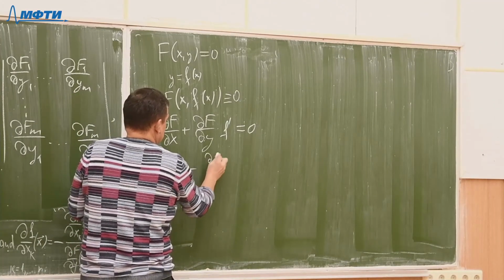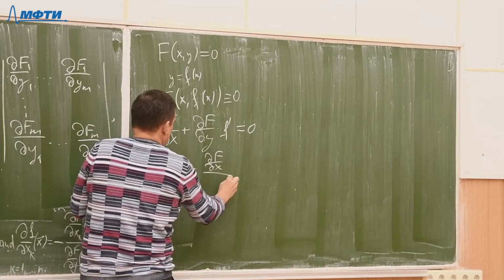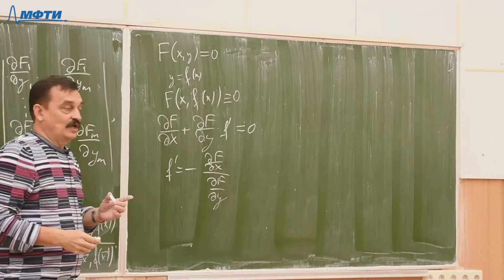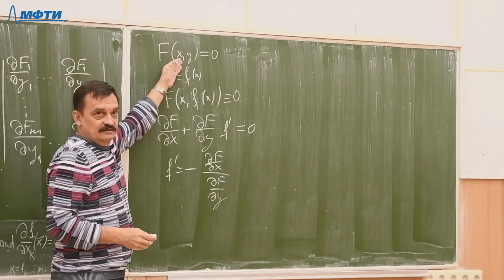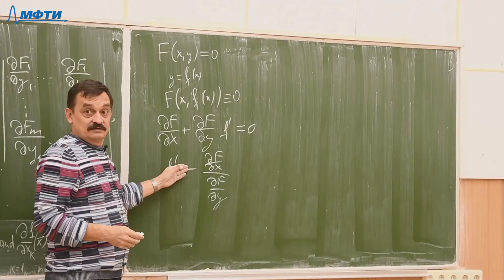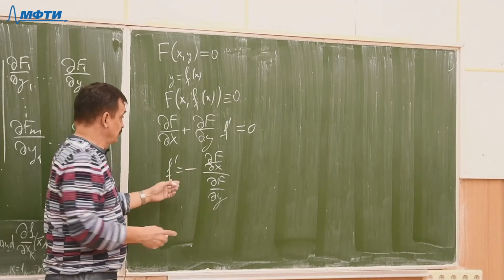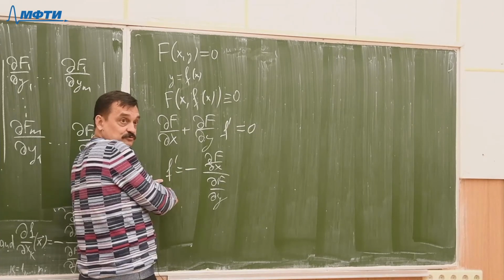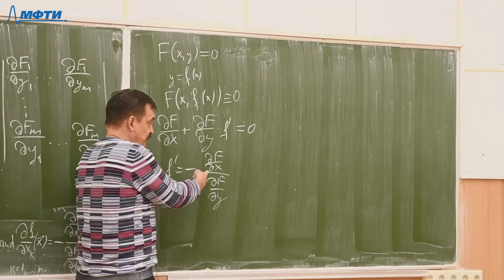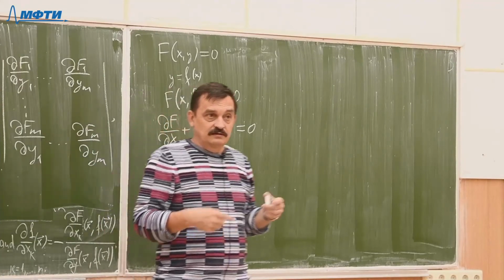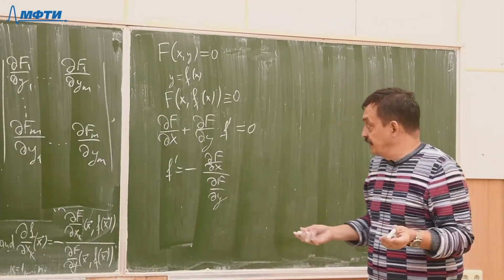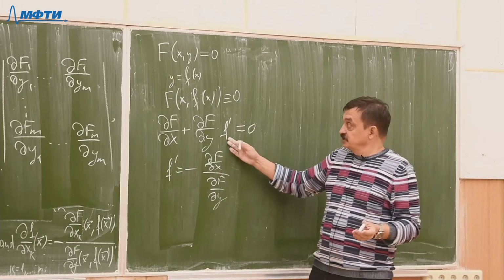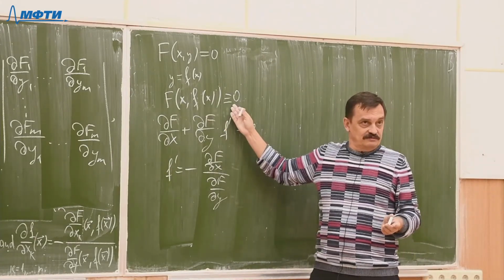Minus df over dx over df over dy. If you have many variables here, the situation is completely similar, right? But instead of the full derivative, I mean the usual derivative, you should consider the partial with respect to a variable x. So that is how we obtain the formula. We just substitute and differentiate.